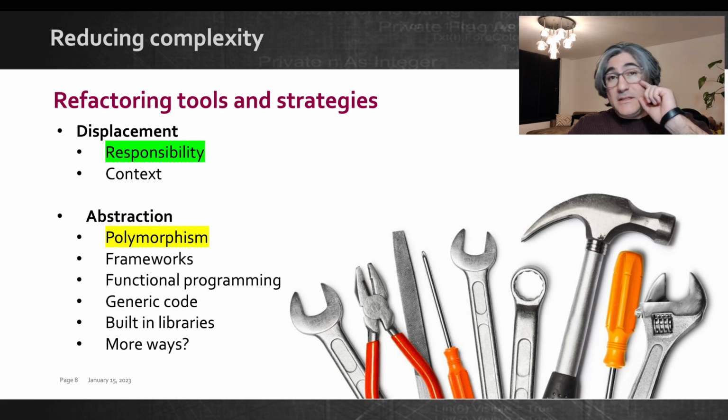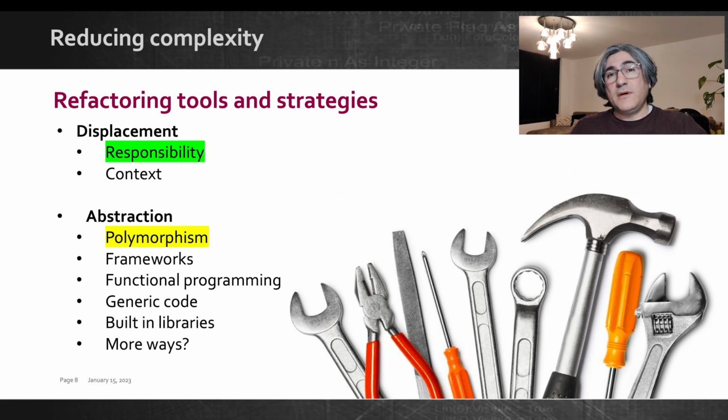So last time we talked about refactoring and reducing complexity using different techniques, and I have found out in the past years quite a few tricks and ways that you can categorize in two main categories, which are displacement and abstraction.